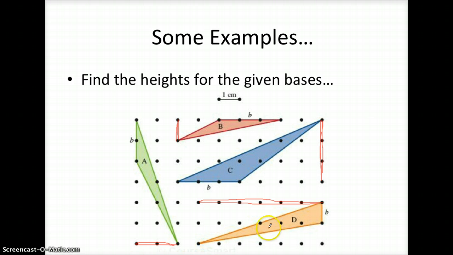So this triangle D here would be equivalent to this triangle that I'm trying to draw here, which would be equivalent to this triangle that I draw there. And so as long as the vertex point stays on a line parallel, then we are creating equivalent triangles.